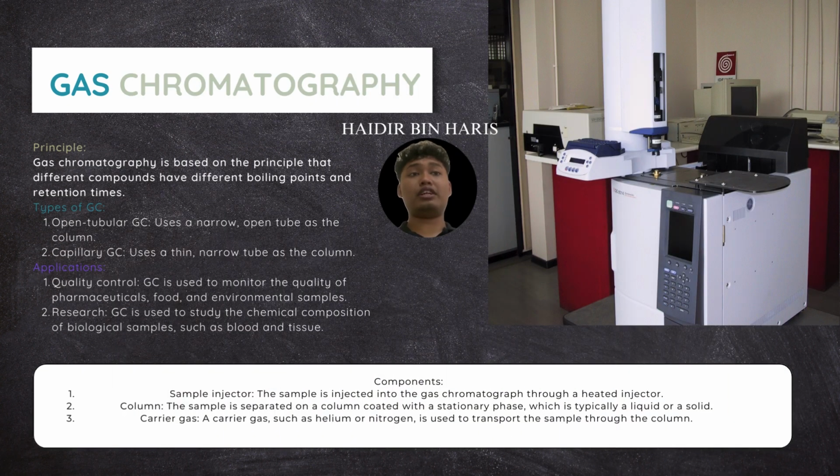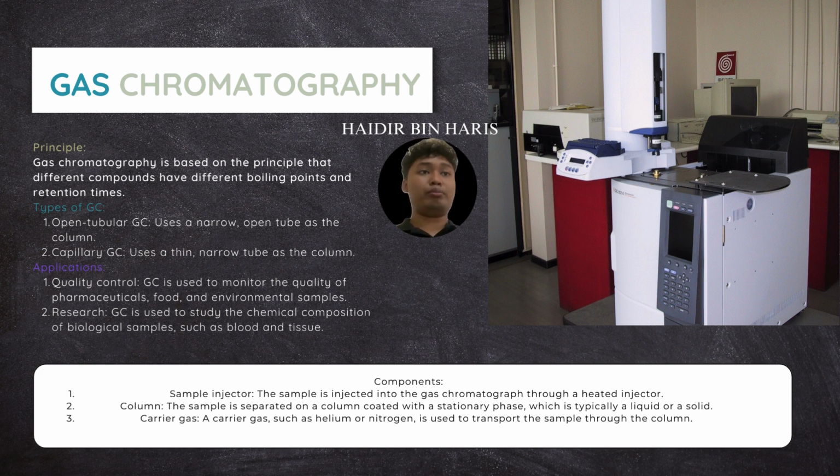Gas chromatography. Gas chromatography is a laboratory technique used to separate, identify, and quantify the components of a mixture. It's based on the principle that different compounds have different boiling points and retention times.